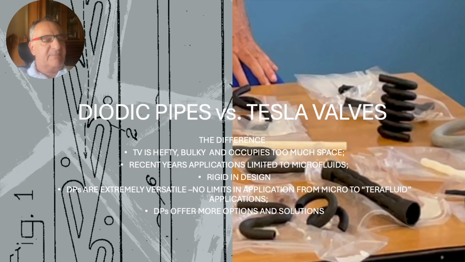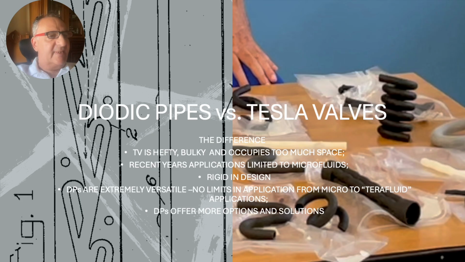And the substantial difference between these two devices, as you can imagine for whoever has seen a Tesla valve, is that the Tesla valve itself is hefty, bulky, and occupies too much space.